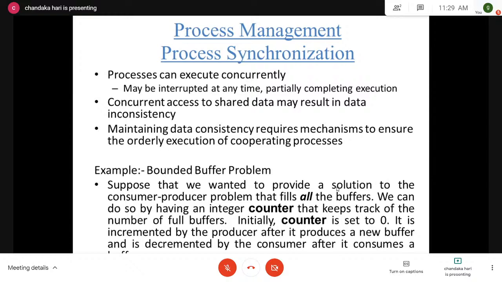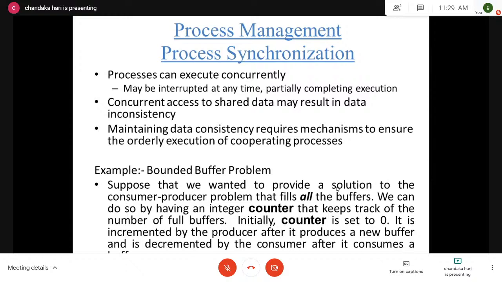That is called independent process organization. Now the second one is cooperative process organization. Two processes are said to be cooperative provided one can affect or be affected by other processes.